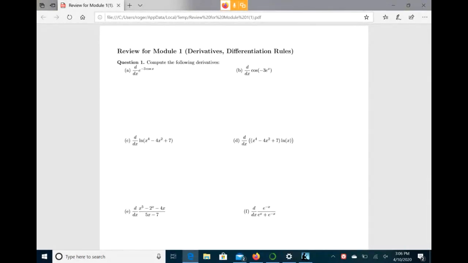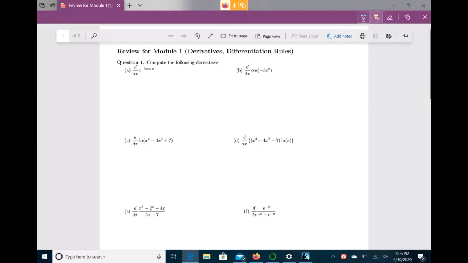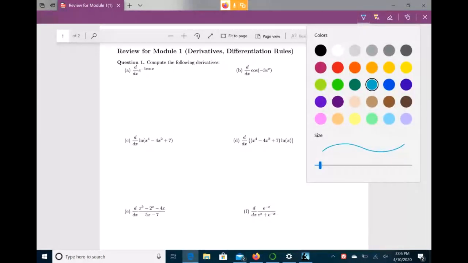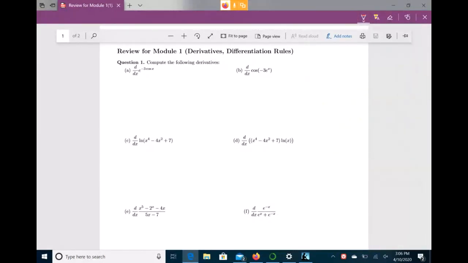All right. So I want to take the derivative of e to the -3 cosine x. Okay. So what rule am I going to use here? I'm thinking about things like, right, the chain rule.